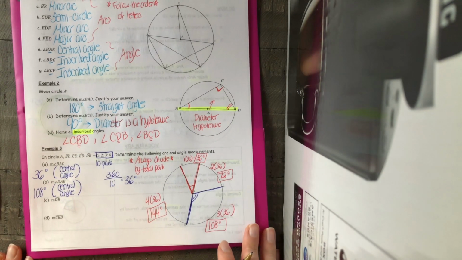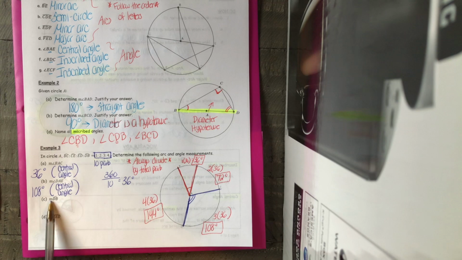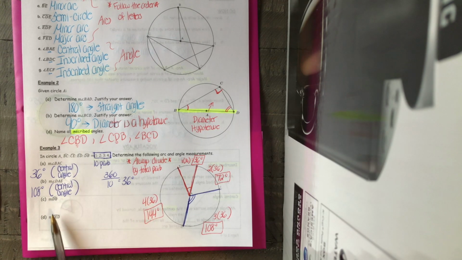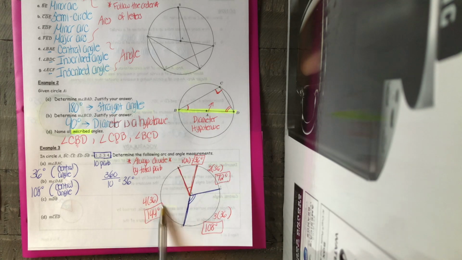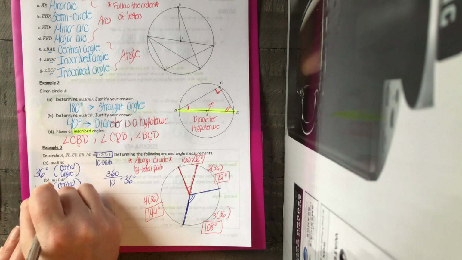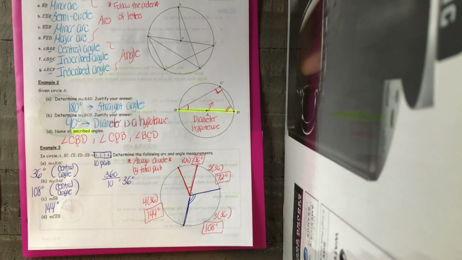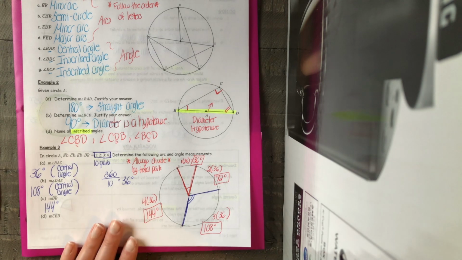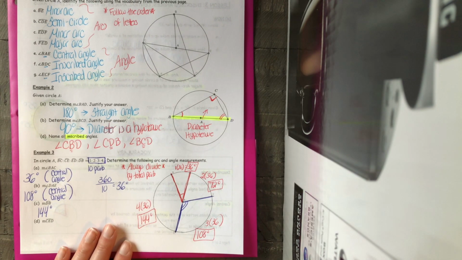All right, next, if I look at C, what's the measure of arc DB? Well, we already found the measures of the arcs, so hopefully C and D will be easy. So DB is this section of the circle right here, which is 144 degrees. We found it before. And then last but not least, what's the measure from C to E to D on that circle?